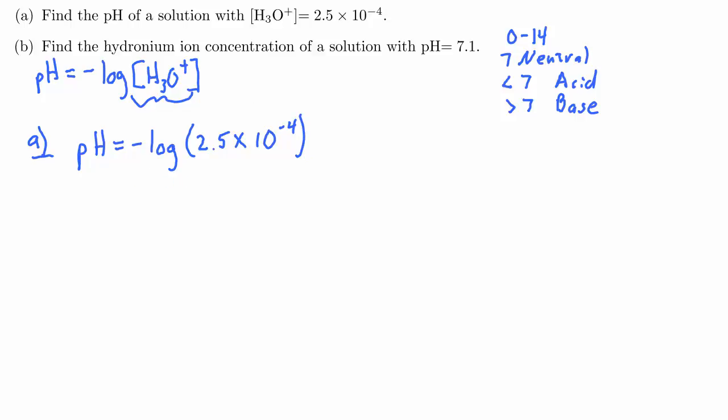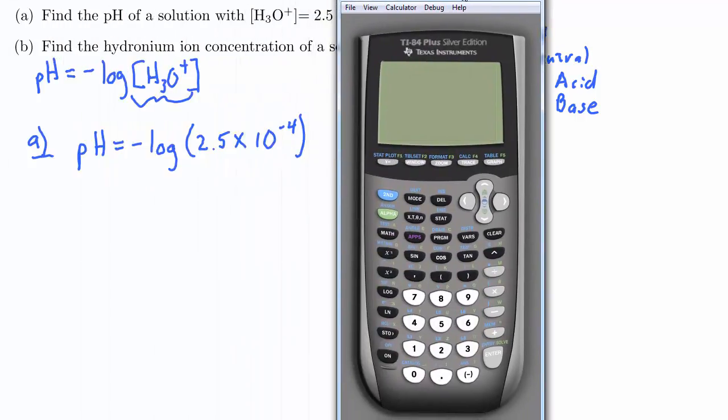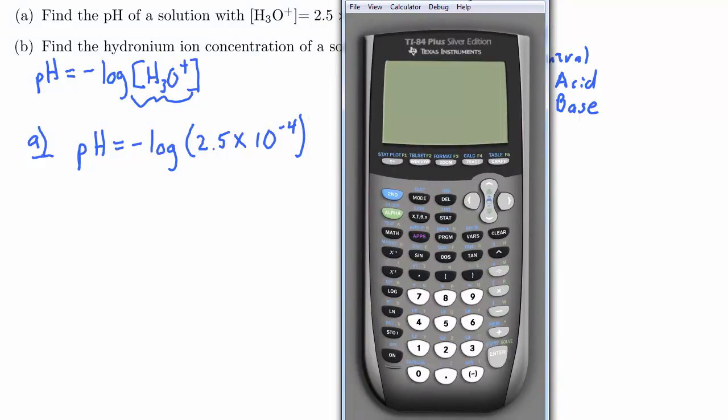So let me go ahead and bring up the calculator here. I want to type in negative log of 2.5 times 10 to the minus 4.